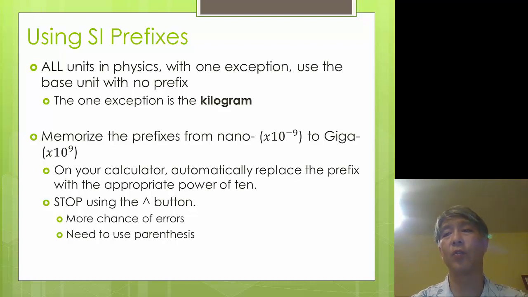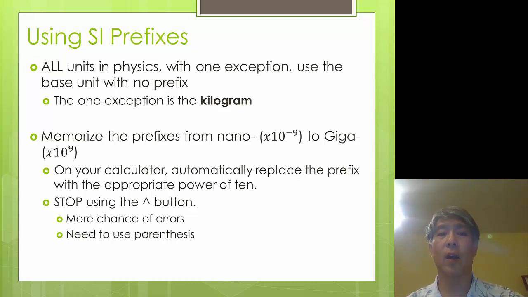So 520 nanometers becomes 520 times 10 to the minus 9 meters. And that's the easiest way to convert from the prefixes to the base unit. The only one you have to watch out for again is kilogram, because that one represents 1,000 grams, but that is the base unit. You need to convert all of your masses to kilograms.